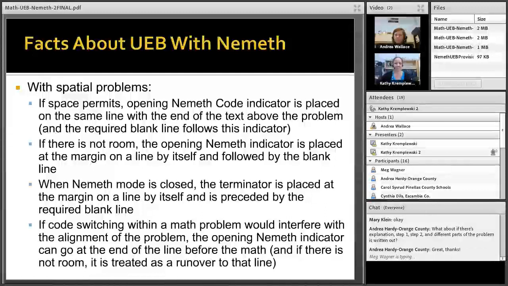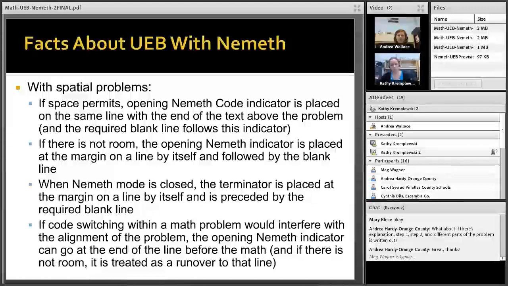Okay, great. All right, so with spatial problems, if space permits, the opening Nemeth Code indicator is placed on the same line with the end of the text above the problem. And then the required blank line follows this indicator. If there's not room, the opening Nemeth indicator is placed at the margin on a line by itself, followed by the blank line needed before spatial problems.